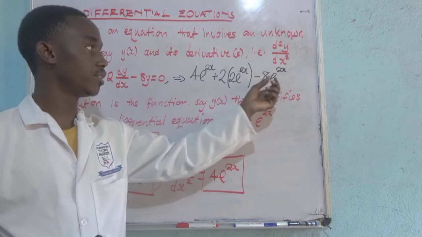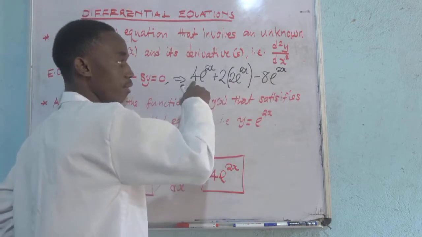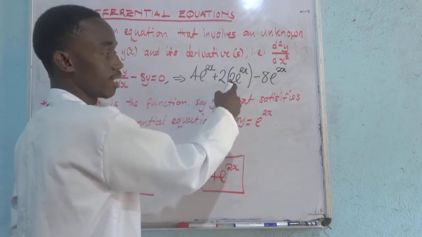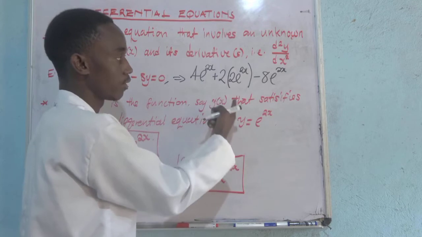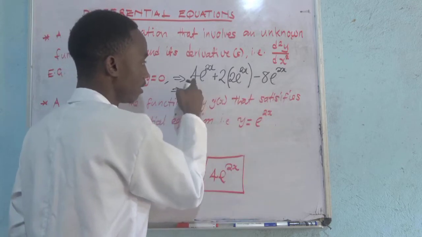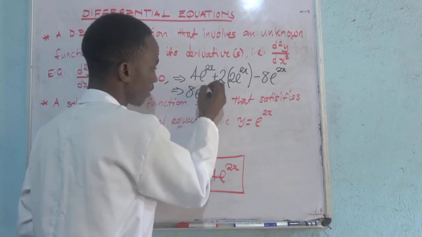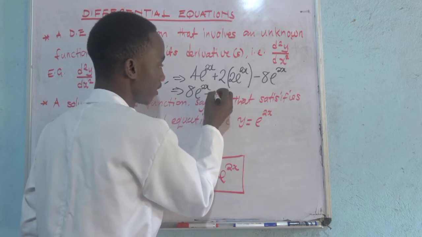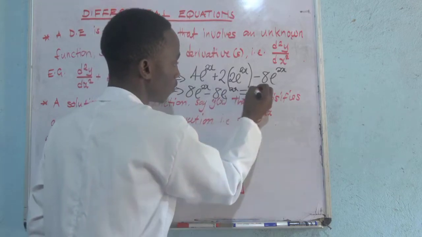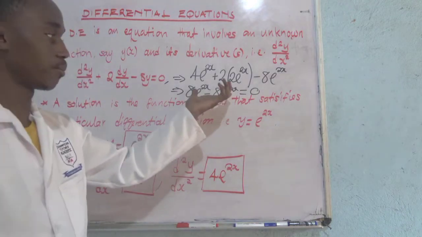If you compute it properly, you have 4 plus 4, and then 4 plus 4 is 8, so you have 8e^(2x) minus 8e^(2x), which is equal to 0.